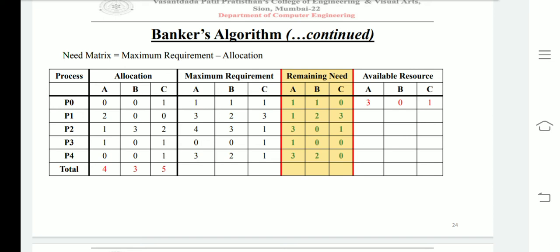For this we will require the addition of the allocation of each and every resource instance. In the second column you can see for A we are adding 2 plus 1 plus 1. So we get the total allocation for A as 4, for B as 3, and for C as 5.